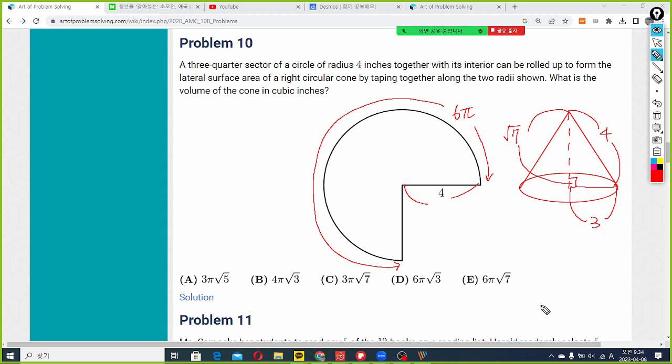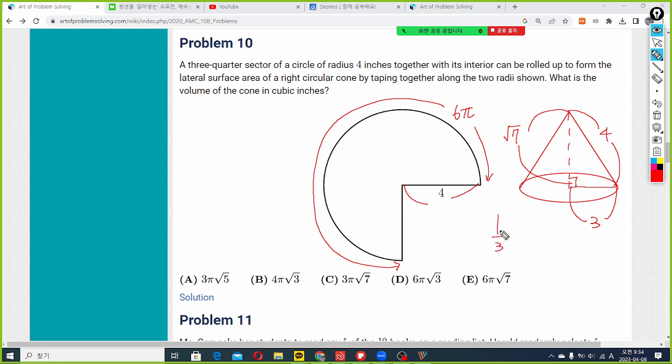So now, what's the volume of this cone from the options? What do I multiply by base times height to get the cone?